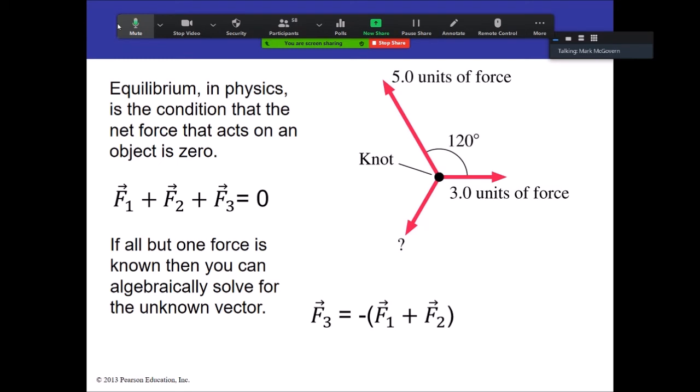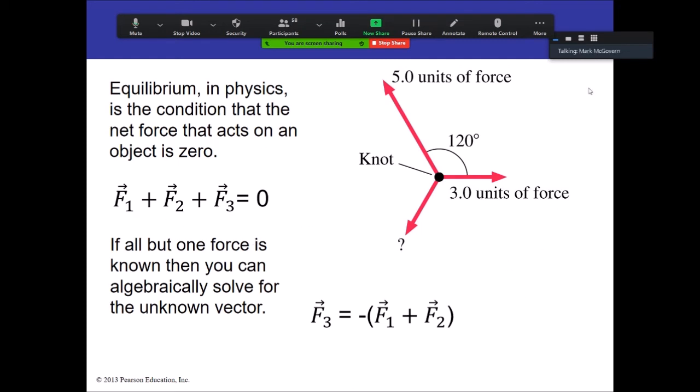What's nice about equilibrium problems is you can have several vectors involved with an unknown vector. And as long as you know or you want the system to be in equilibrium, you can solve for it. So if this is my problem here, where I have a 3 unit of force vector to the right, this other one is up and to the left, and then I have this unknown vector that points down and to the left.